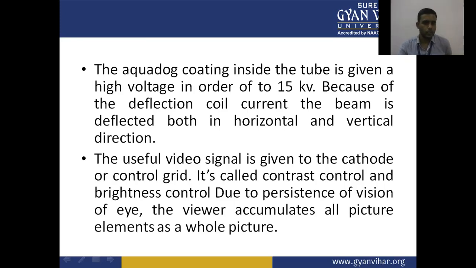So in the picture tube, we have two types of control, used at the control grid or the cathode: contrast control and brightness control. Due to the persistence of vision of the eye, the viewer accumulates all the picture elements as a whole picture.